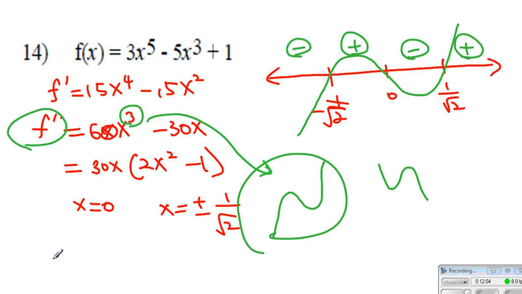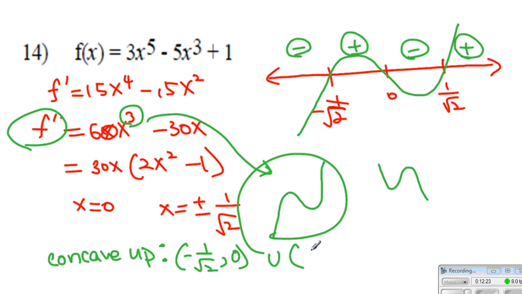So concave up is from negative 1 over square root of 2 to 0, or 1 over square root of 2 to infinity.